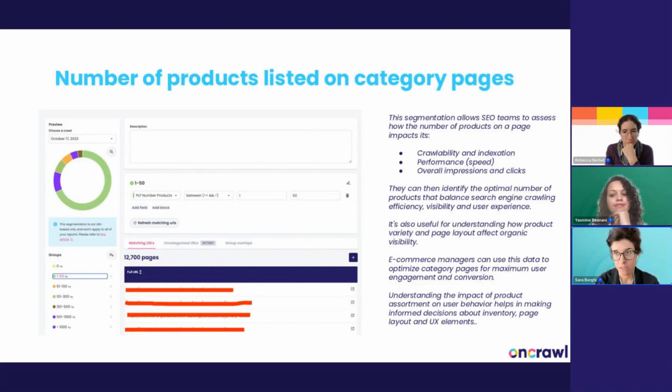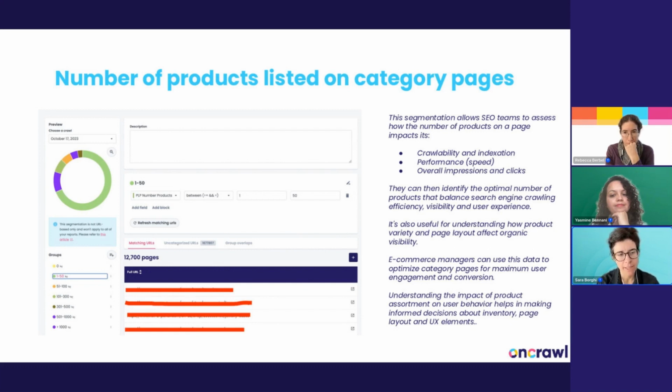Another example, I'm just going to go a bit quicker here. It's the number of products listed on category pages. And this is, again, obviously for e-commerce, a very useful one, because by segmenting the category pages by the number of products, you can identify crawlability and indexation issues, problems related to performance, and just have an overall overview of how the different groups perform in terms of impressions and clicks.